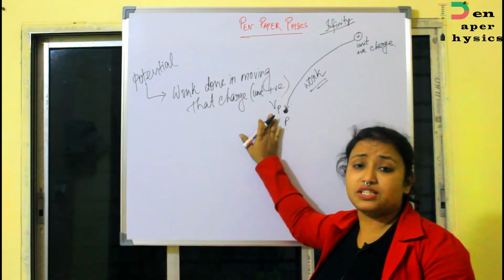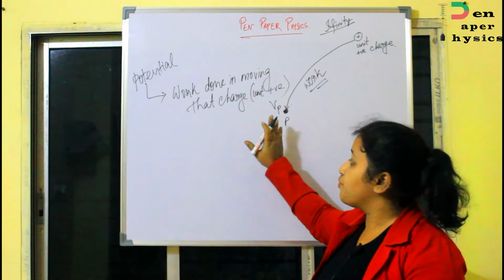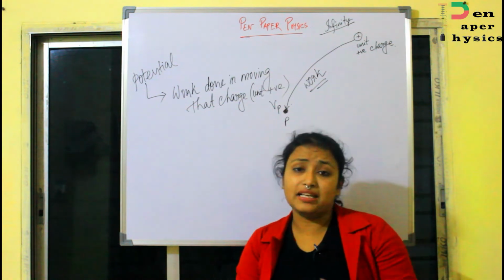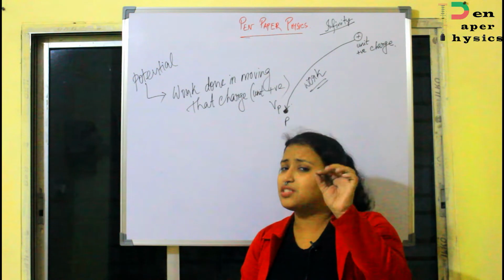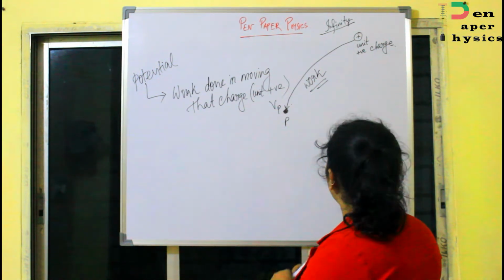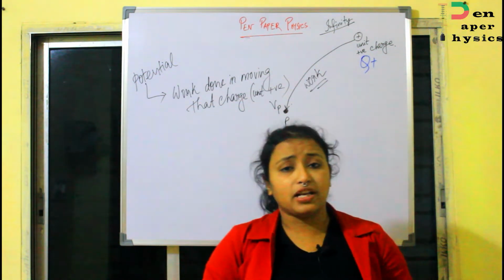So I write it as Vp. So if Vp is the potential over here, Vp is the work done in moving a unit positive charge. But in reality, it is not possible for us to have a unit positive charge because it's a very small value. So I will take that I have moved any arbitrary q positive charge from infinity to that point.